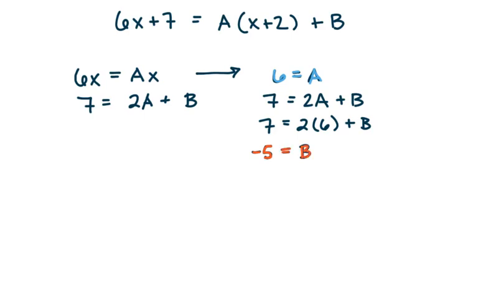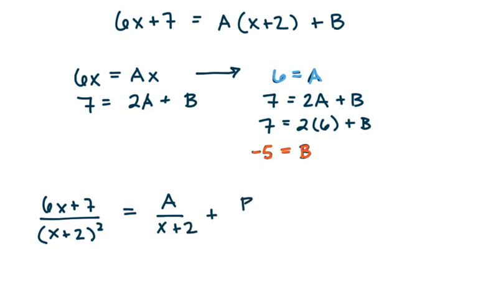Now that we've solved for A and B, and clearly that was much easier than the last problem we did, we're going to go back up and plug them in. So we had 6x plus 7 over x plus 2 squared equals, we had A over x plus 2 plus B over x plus 2 squared. And since we know what A is, 6, and my B value is -5, that's going to change that to -5 over this quantity.